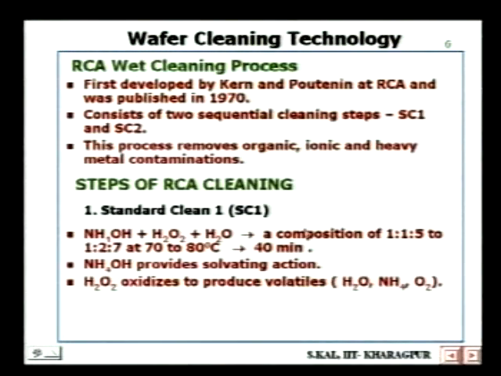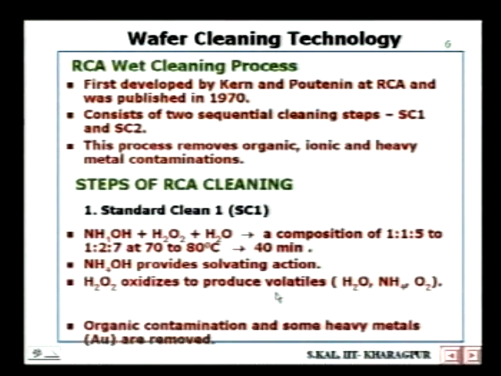Some of them are dissolved in NH4OH, some of them will oxidize in the presence of hydrogen peroxide, and they will form H2O, ammonia and oxygen, and later on all those gases will be exhausted, that is, they are volatiles, and they will come out of the solution.